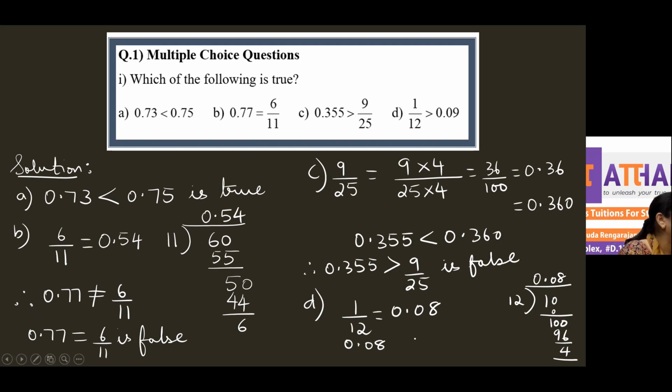Which one are you talking about? D? Yeah. 0.08 is less than 0.09. One second, let me just finish it.